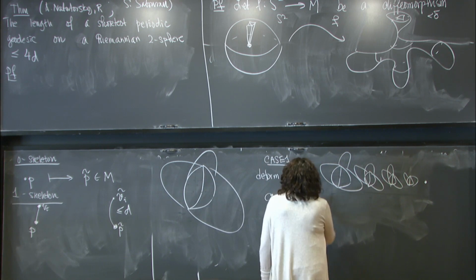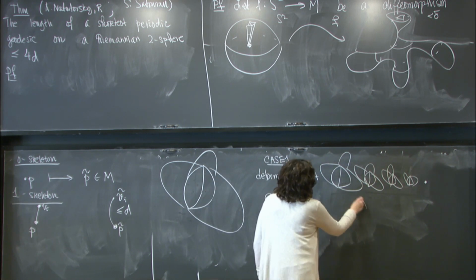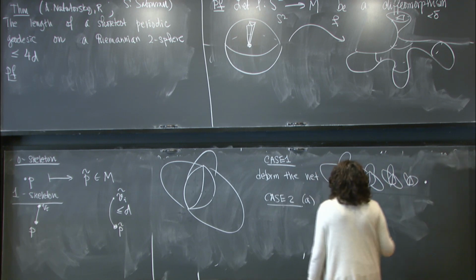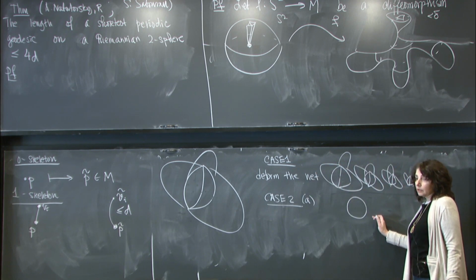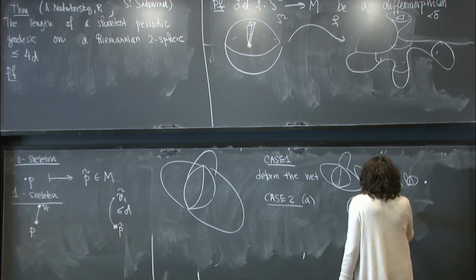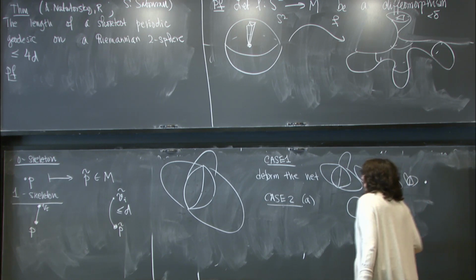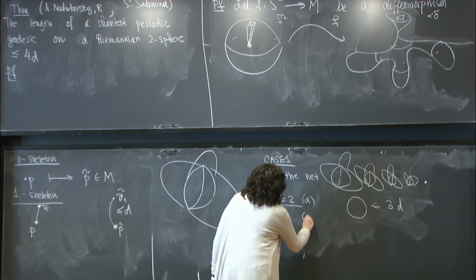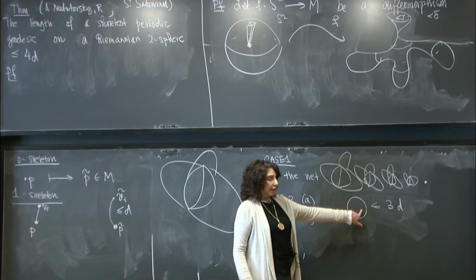So case 2A maybe is that I get a periodic geodesic, and the length of the periodic geodesic that I get is going to be bounded by 3 times the diameter. Now, it doesn't have to look like this.